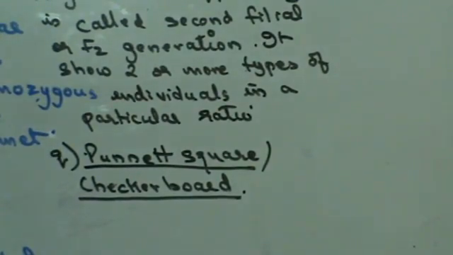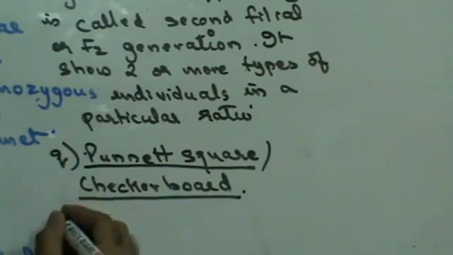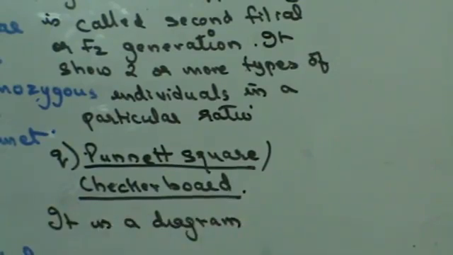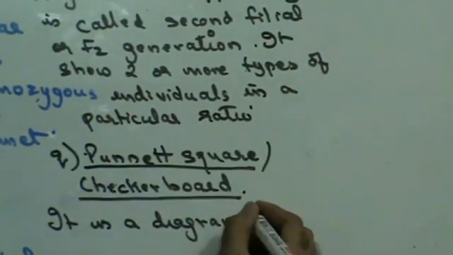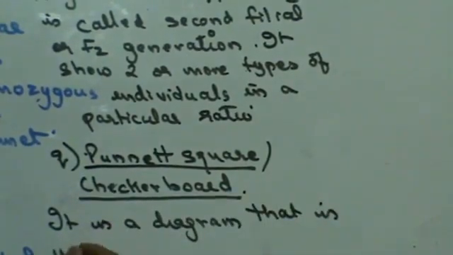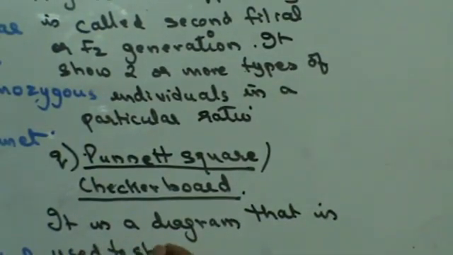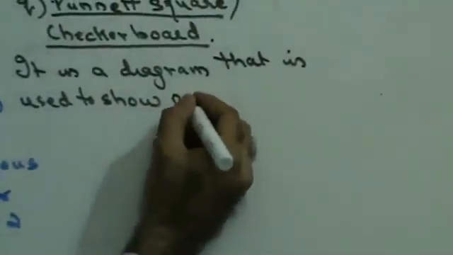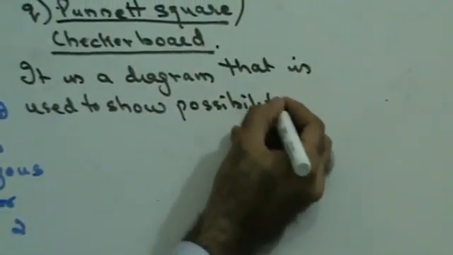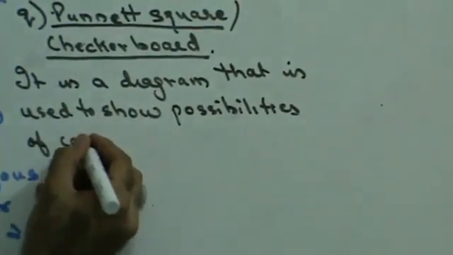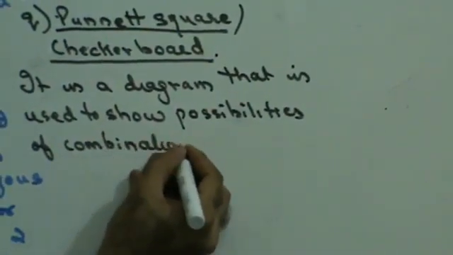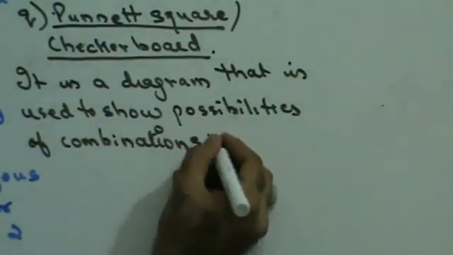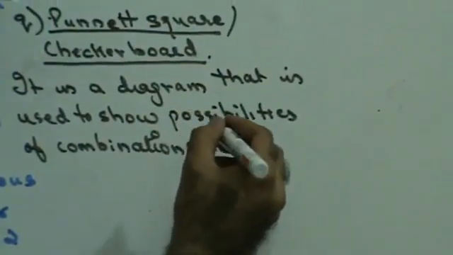That is called a Punnett square. It is a diagram that is used to show possibilities of combination in a particular cross experiment.